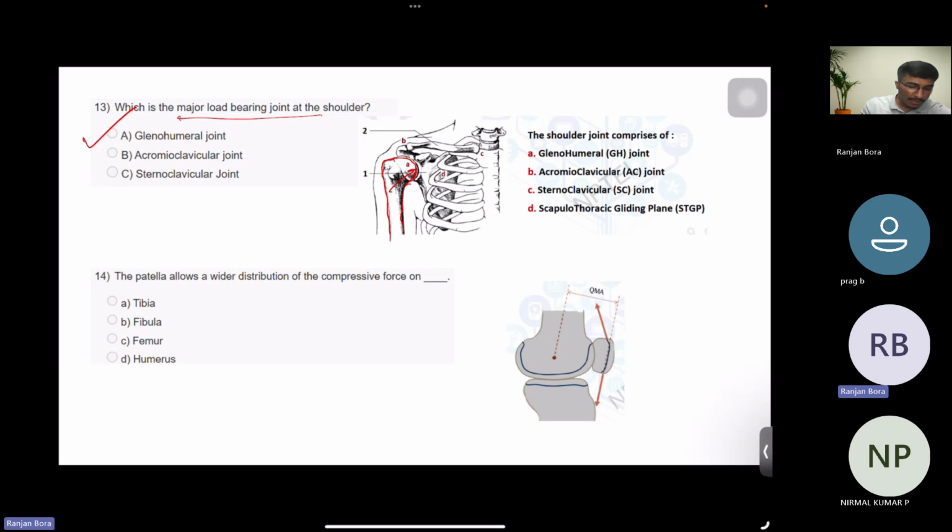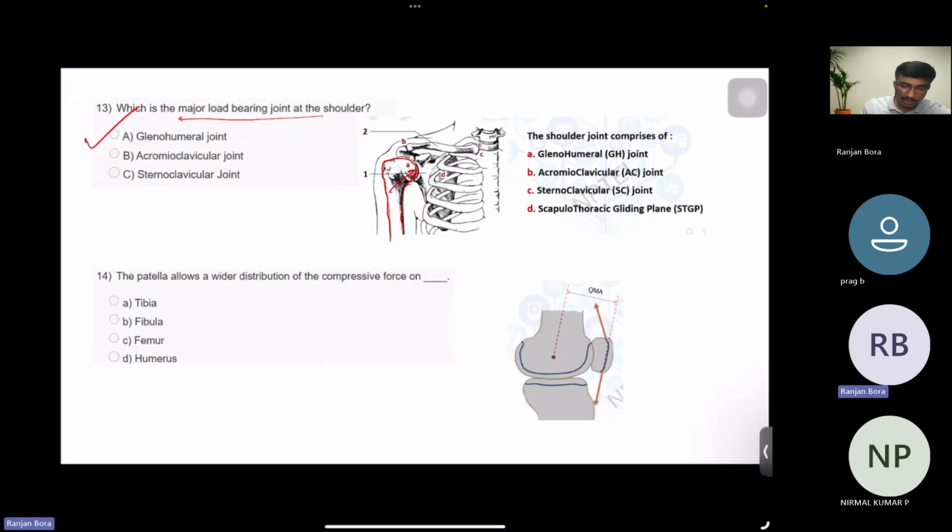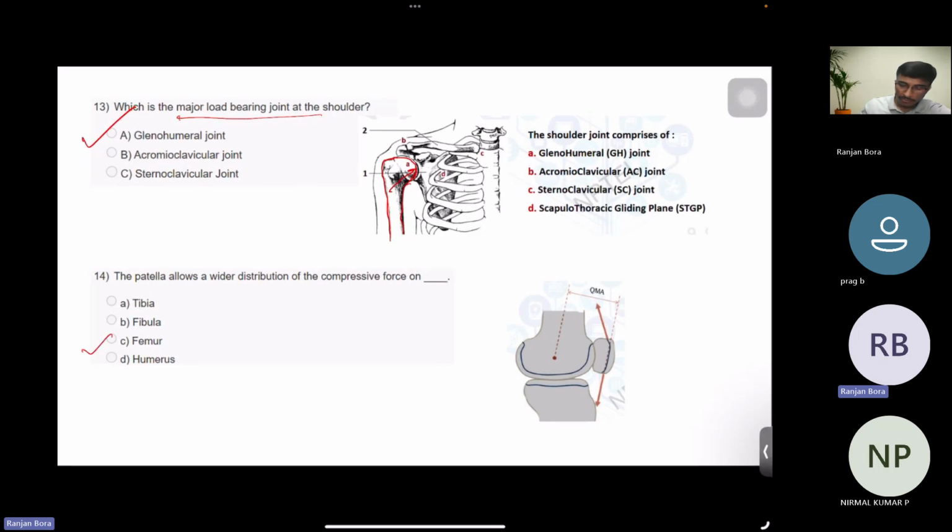And the next question is, the patella allows a wider distribution of the compressive force on. Yeah. So you can see that because of the patella this distribution gets wider. Means we have this patellar tendon.